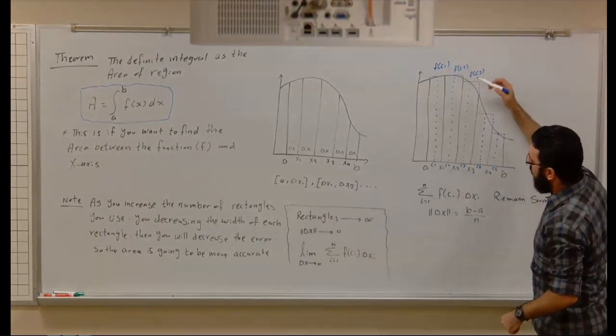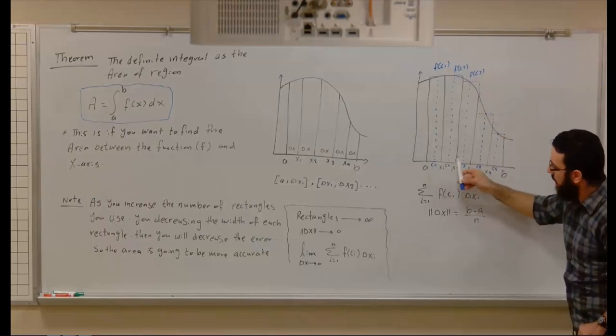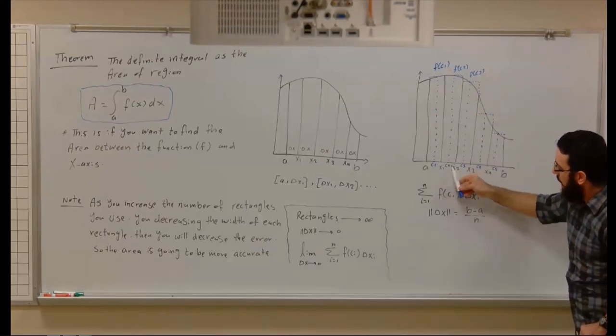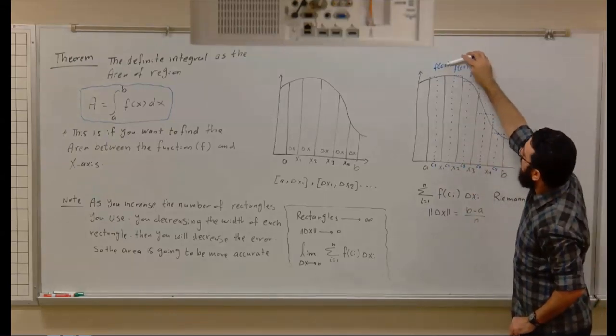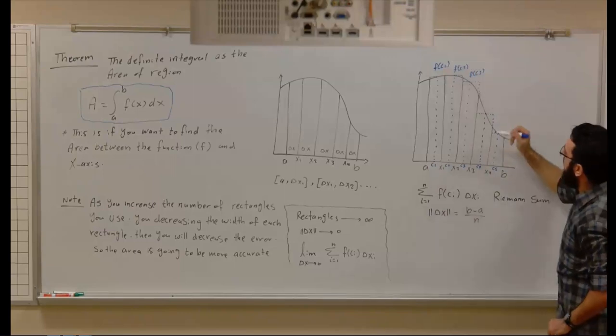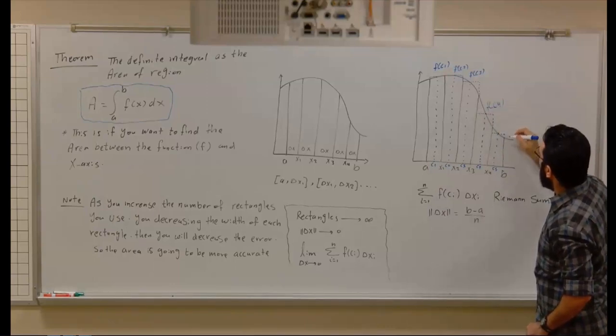As we said, we're going to choose a point in the first sub-interval, a point in the second, the third, the fourth, and the fifth. Now here's f of c1, f of c2, f of c3, f of c4, keep going, f of c5.